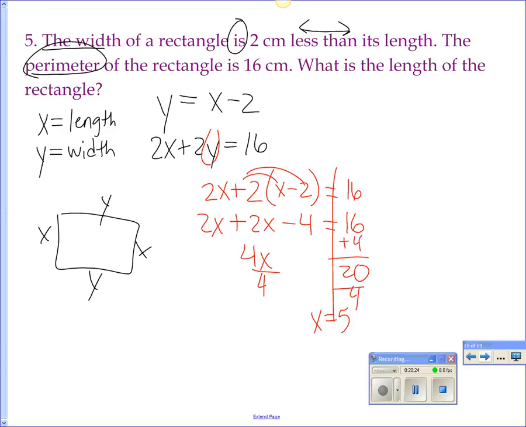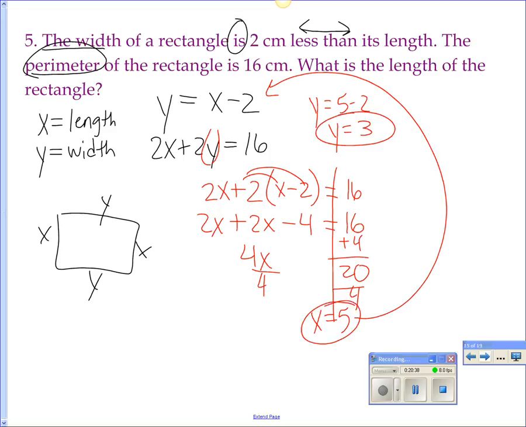All right, X is 5. So, Zach, what happens next? All right, what does that give you? 3. So, you got a 3 by 5 rectangle.